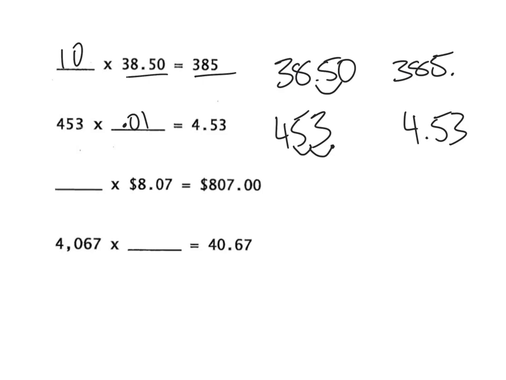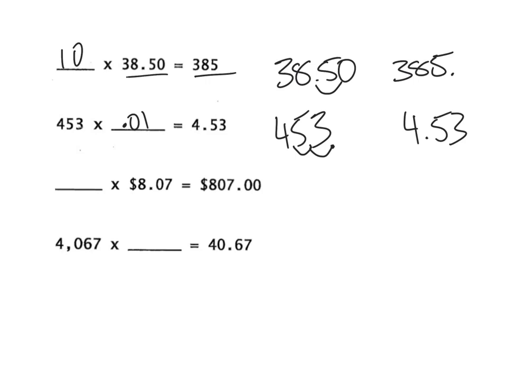All right, next example. Same thing. Look at your two numbers. Think about how it is going from one number to the other. This time I'm not going to write it out to the side. I'm just going to use the numbers that they gave me. So they're going from $8.07 to $807. So I'm getting bigger.